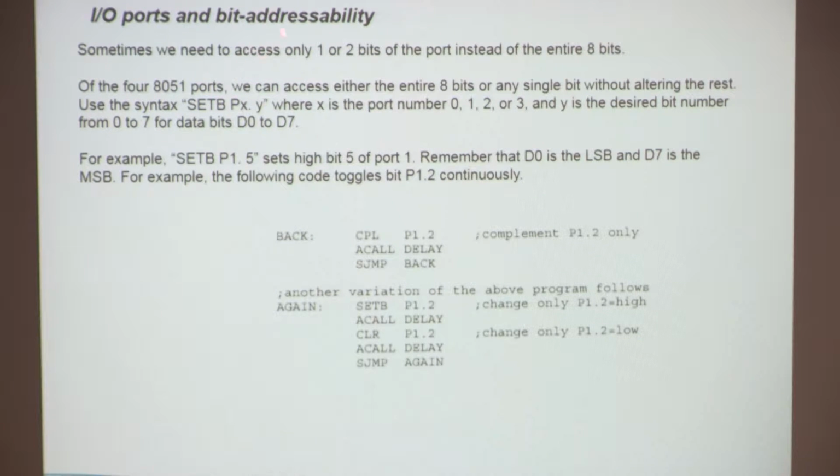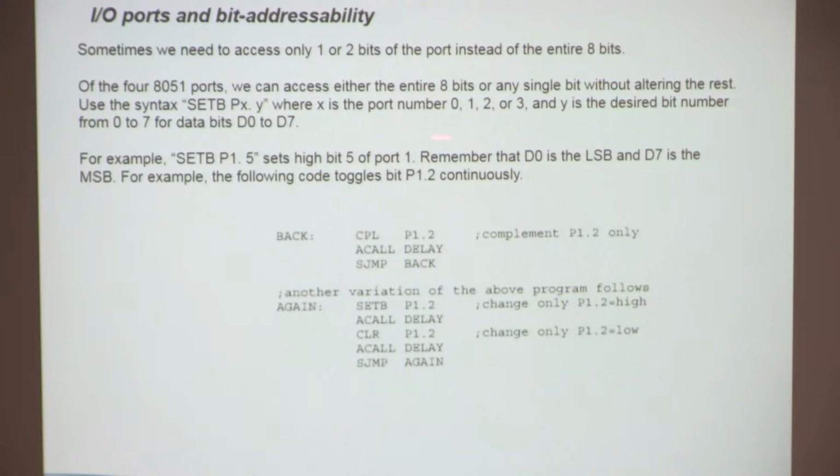So let's say, for example, it will be port 1, so the X will become a 1, dot, and Y is a specific bit of that port. So it can be dot 7 or dot 6, depending on how you've designed your circuit and which port is connected to the motor. Now, for this example, SETB P1.5 sets high bit 5 of port 1.